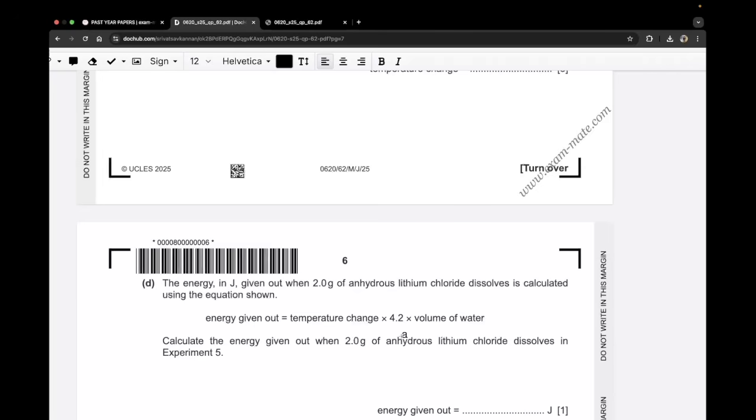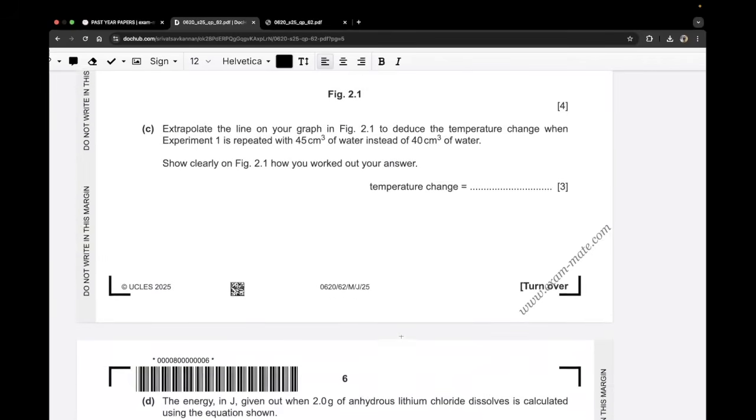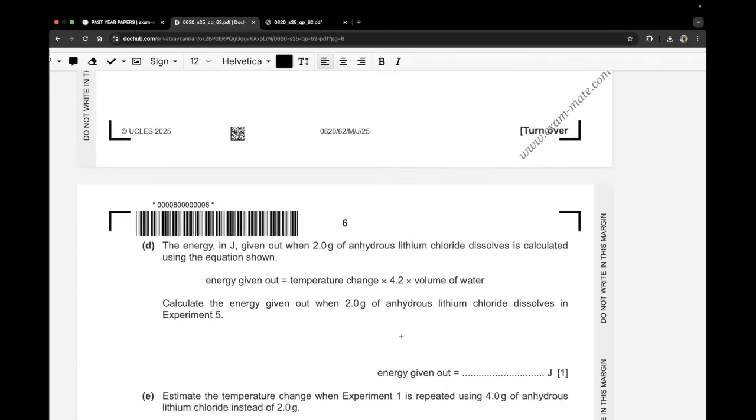So the answer here that you're going to want to show is 13.5, which is the temperature change, times 4.2 multiplied by the volume of water in experiment 5, which was 15 centimeter cube.